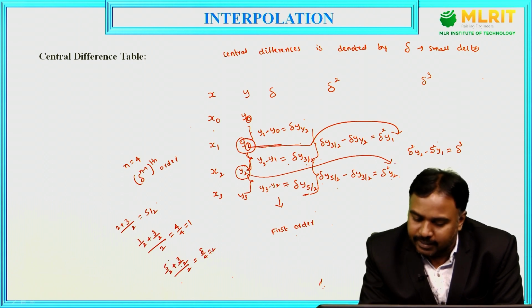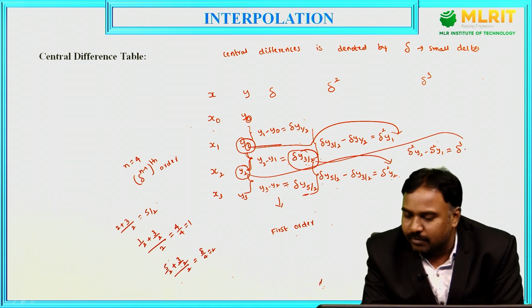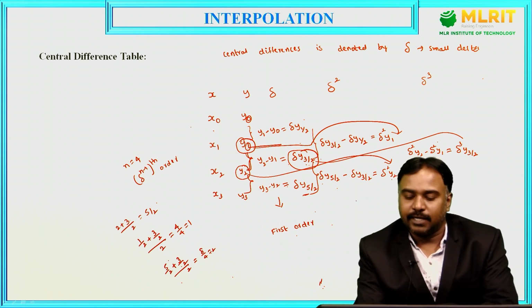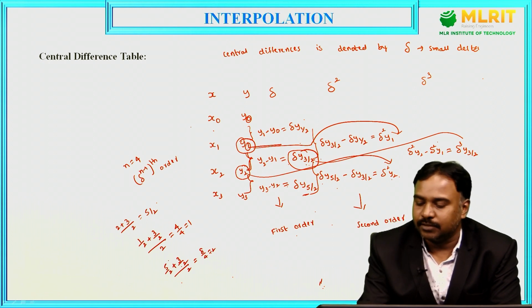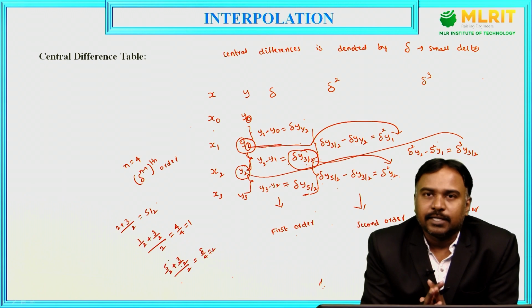Again taking the average as I said, the middle value is 3 by 2, and we can write it here. Like this we notate the central differences. This is called second order central differences, and this is called third order central differences. Like this we construct the central differences table.